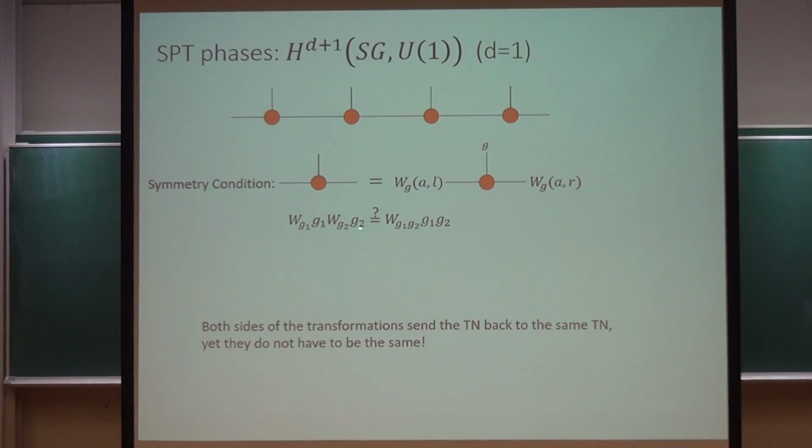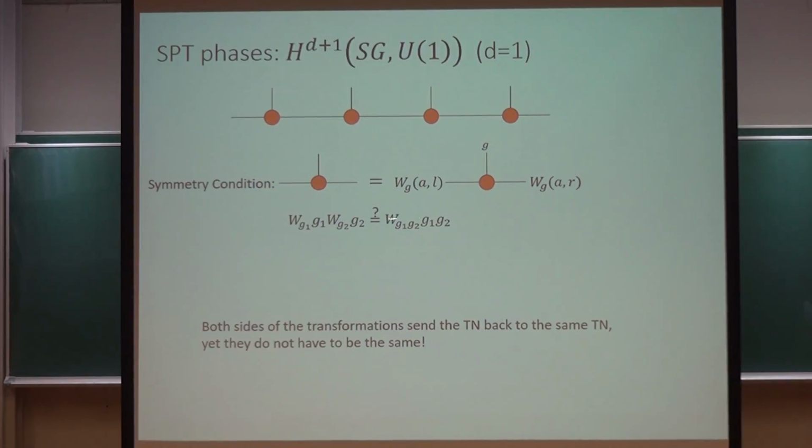You can ask yourself, I have two symmetry group elements, G1 and G2. I can apply G1, G2 in the following way: I apply G2 first, and then G1 later, or I apply them together. The question is, are they the same?